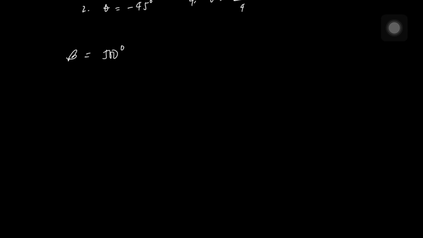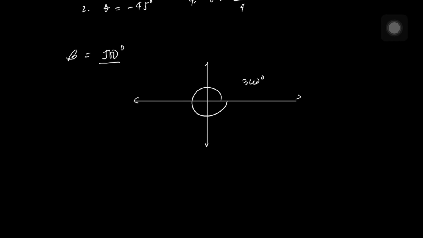Where do we find 500 degrees in the rectangular coordinate system? One rotation is 360 degrees, and our angle here is 500 degrees, so you can add that rotation, and it ends somewhere in the second quadrant.